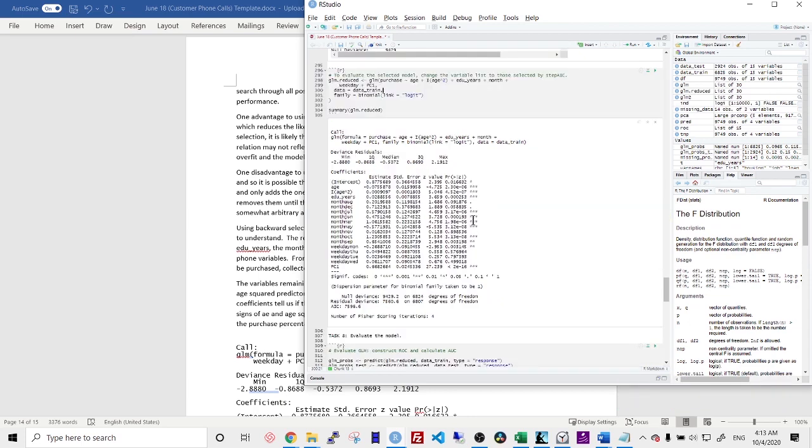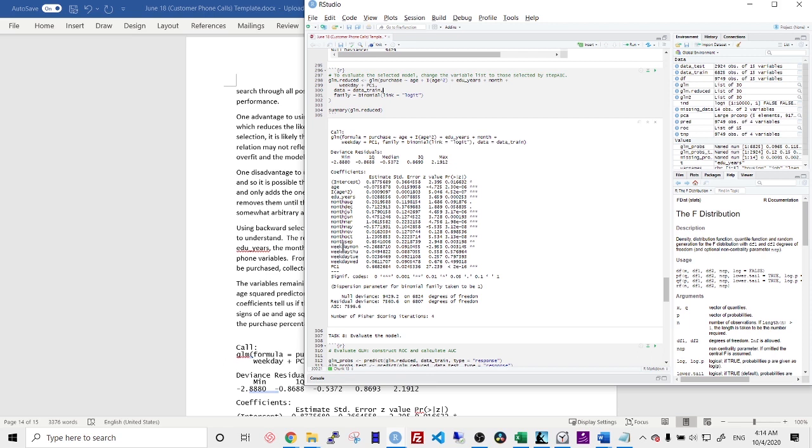Now you can see that almost all of the p-values are less than 0.001, which is a great sign. It means that it's removed variables which are not predictive. There are two weekdays, Thursday and Tuesday, which are not predictive. The reason why these were not removed is because in step AIC, R only removes all weekdays at once.